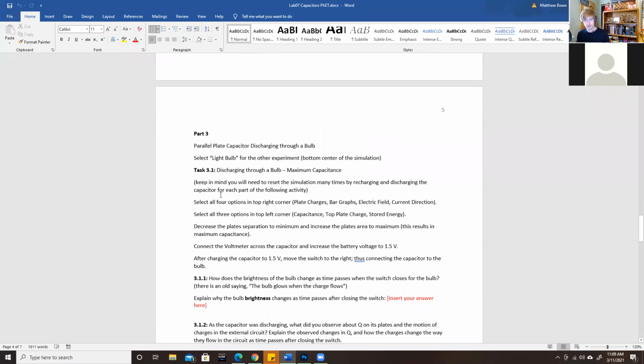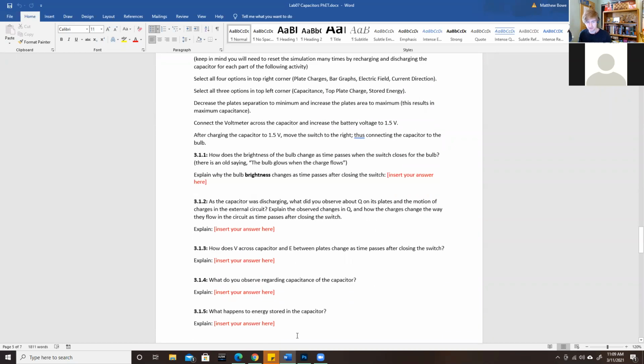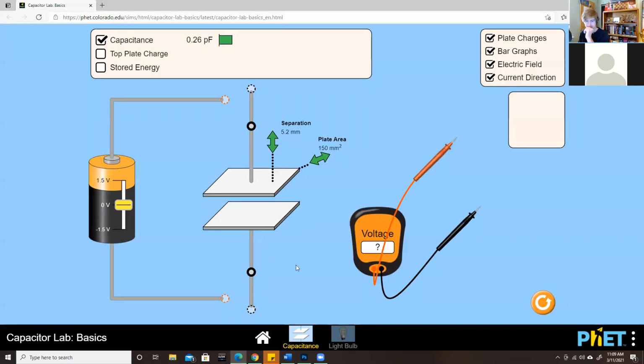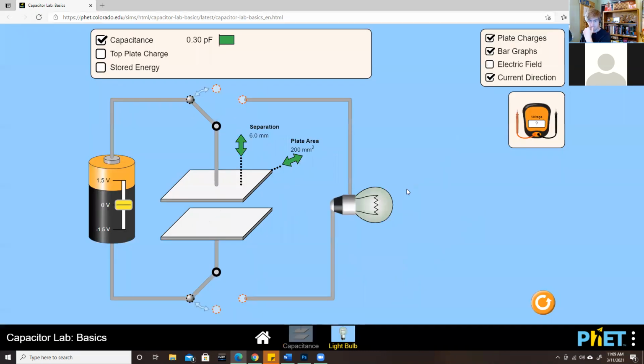We're going to be hooking it up to a light bulb. So that's where we're going to switch to the other tab. It's down here at the bottom, or you could refresh the page and just click on light bulb. Okay, so in this system, we're going to be charging up the capacitor and it will then hold some charge.